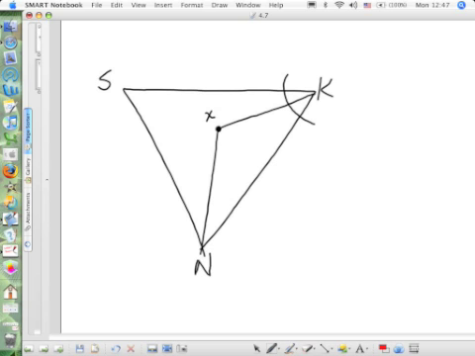If X is equidistant from SK and SN, which once again the picture is not very good, then what must X lie on? The bisector of angle S. Yeah. The bisector of angle S.